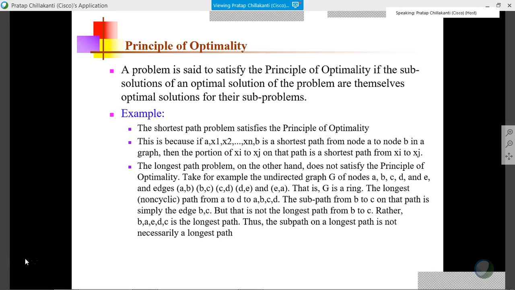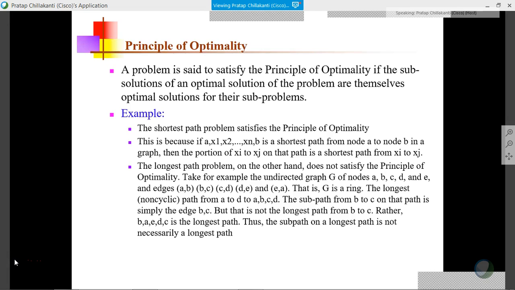Now, if you continue further, if you see B to C on that, okay, it's an edge BC, but it's not the longest path from B to C, because you can go from B to C like you can do BADCE is the longest path. Okay, so you can go from B to A. That means you're reversing the course, right?